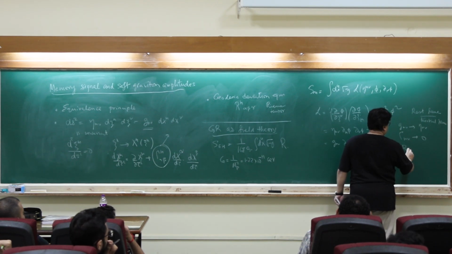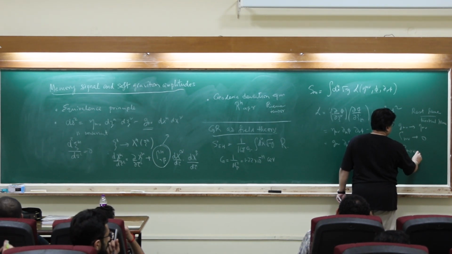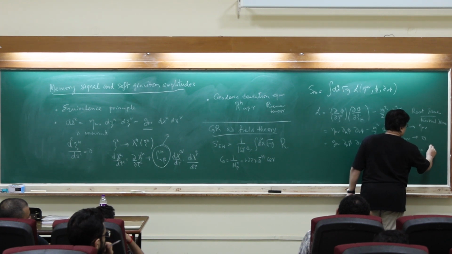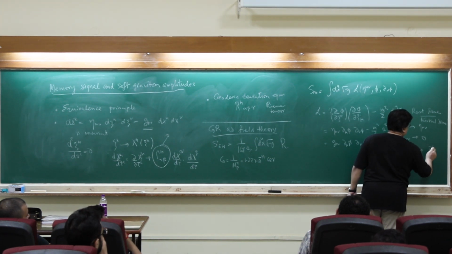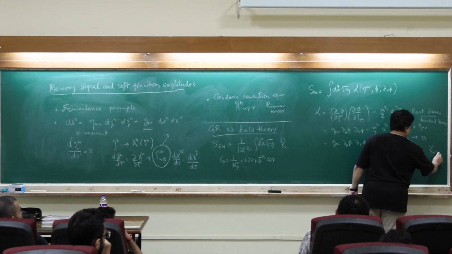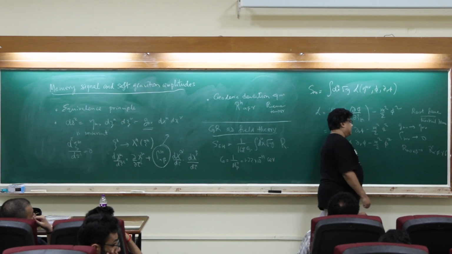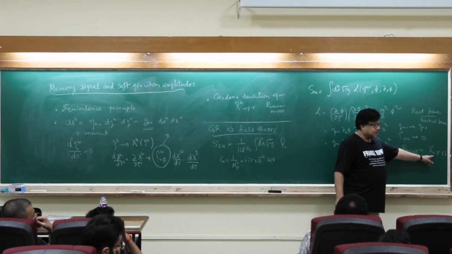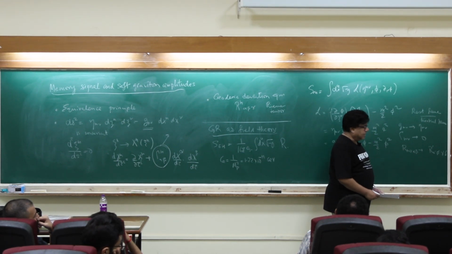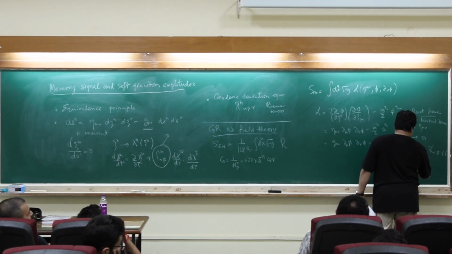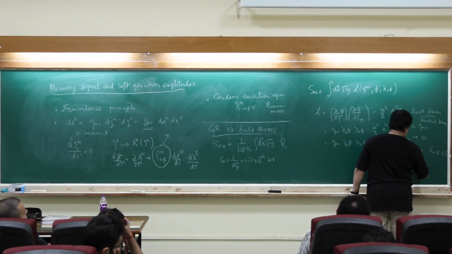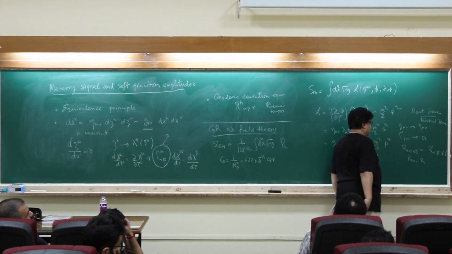But R mu nu alpha will go to some other R prime. This will transform like a tensor, but this does not necessarily vanish. Neither does R mu nu or R. These don't necessarily vanish.